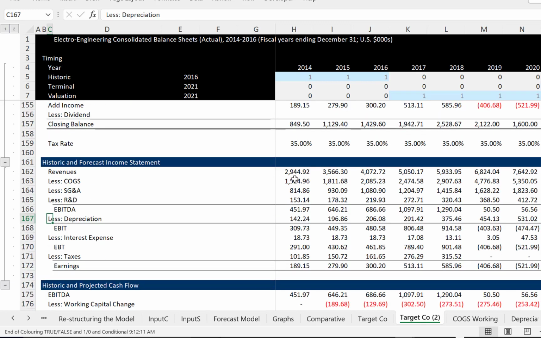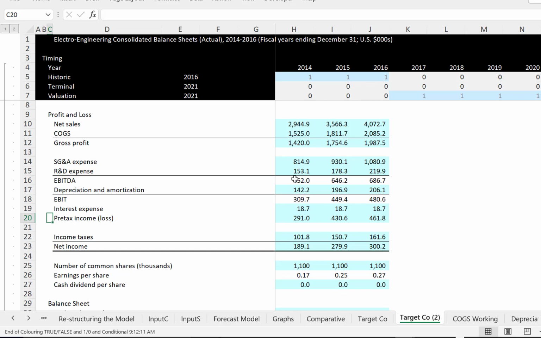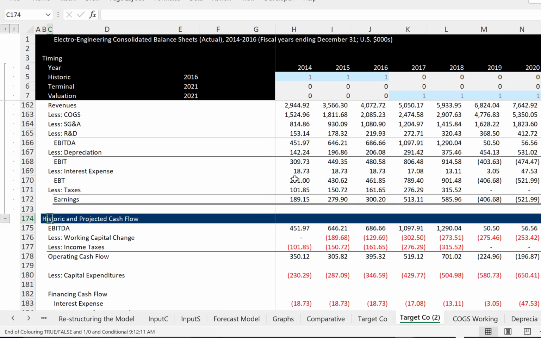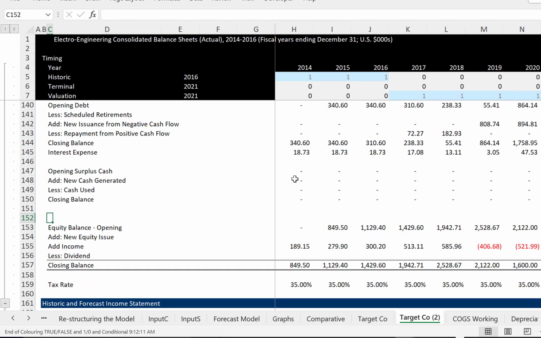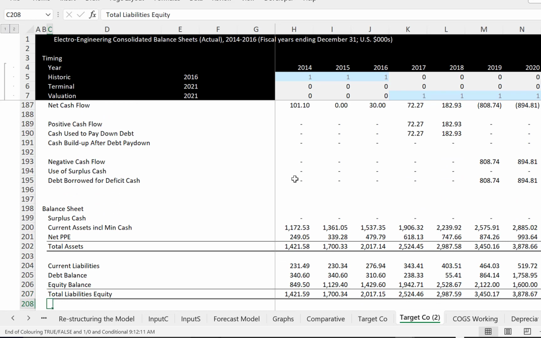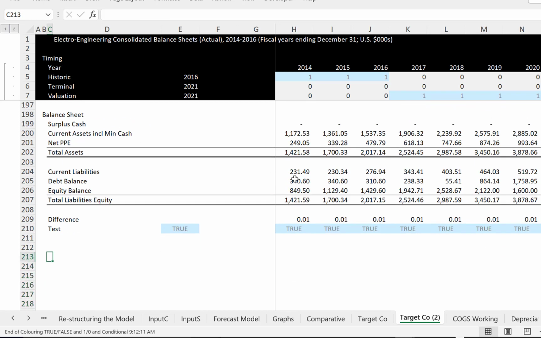But I want to make sure that you see this method of doing the financing and connecting all the financing. That's how you can efficiently make a corporate model.